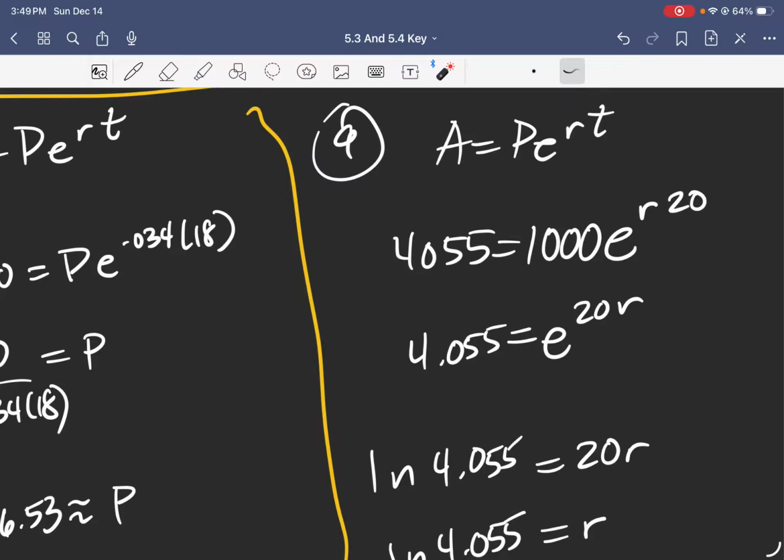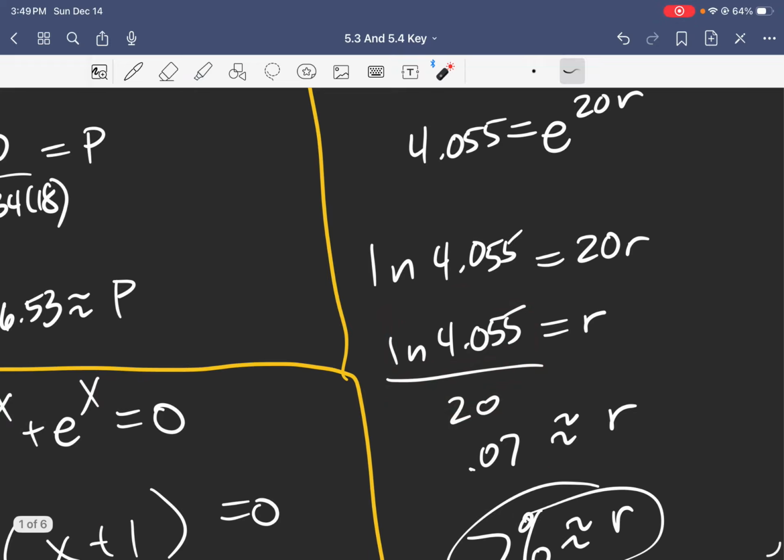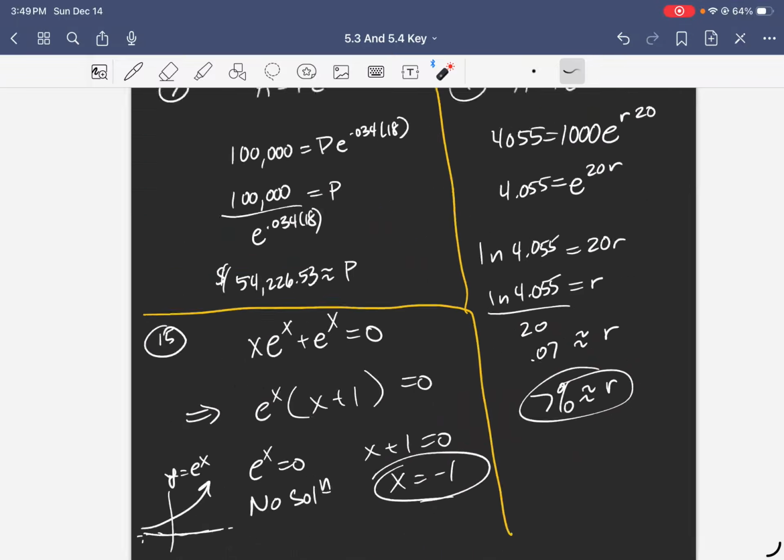So now I have e to the this is equal to a constant. So this is in exponential form. We can convert it to log form. So that's really the natural log of this number is equal to 20r. In other words, r is equal to natural log of this number divided by 20, approximately 0.07, which is approximately 7%.